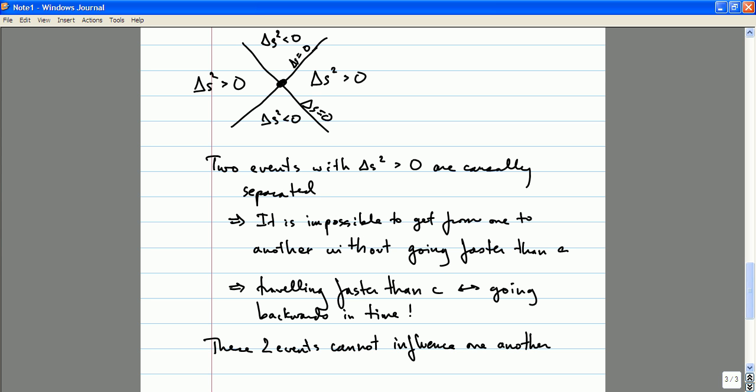So, in particular, for two events which are spatially separated, there is simply no notion of which happened first. So there is no notion of causal order, i.e. of which event preceded the other.